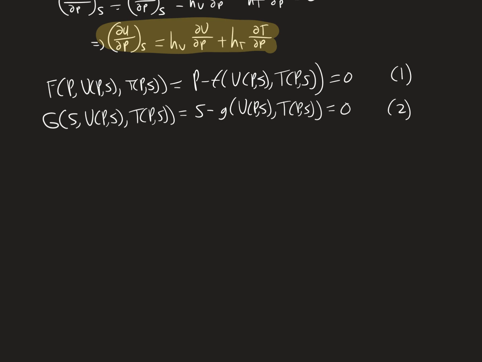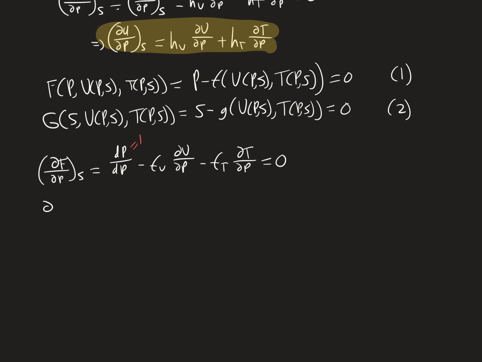So we see that we get ∂F/∂p, where we keep s constant, is equal to dp/dp minus f_v ∂v/∂p minus f_t ∂t/∂p, equal to 0. Now we can simplify this a little bit because we know that dp/dp is equal to 1.